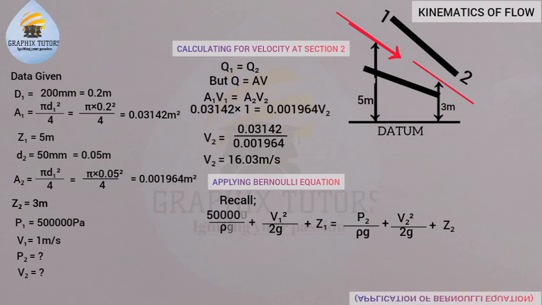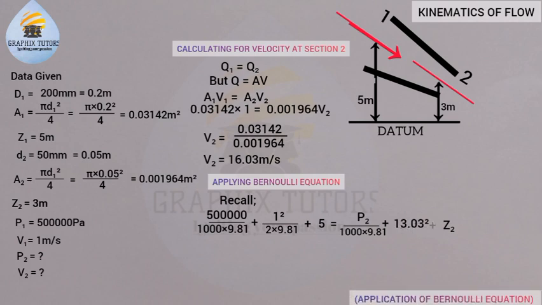Divided by the density of water, 1000, times the gravity, 9.81, plus the velocity at section 1, which is 1, so we have 1 square, divided by 2 times 9.81, plus the datum at section 1, which is 5, equals the pressure intensity at section 2, which we don't have and that's what we're looking for, divided by 1000 times 9.81, that is density times gravity, plus 16.03 square over 2 times 9.81 plus 3, right? That is what we have there.